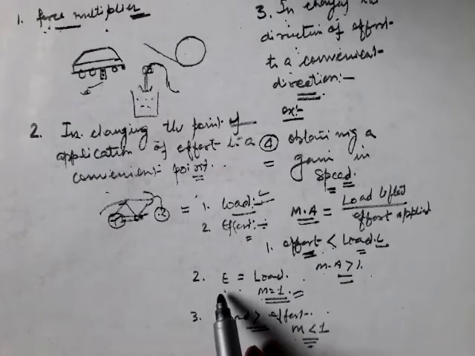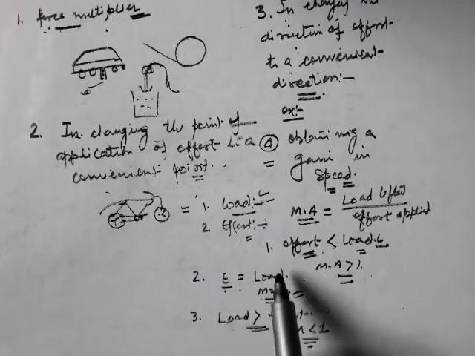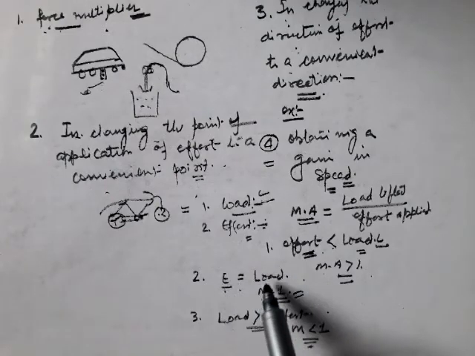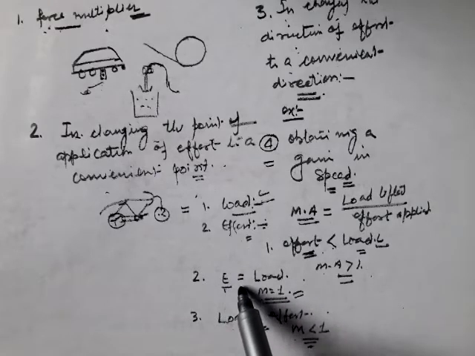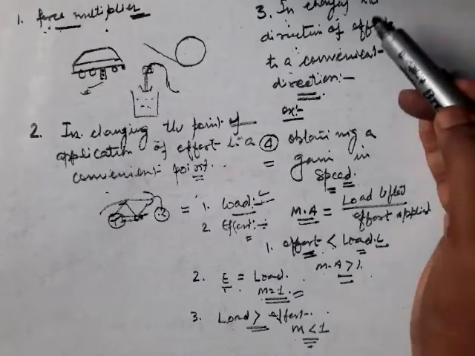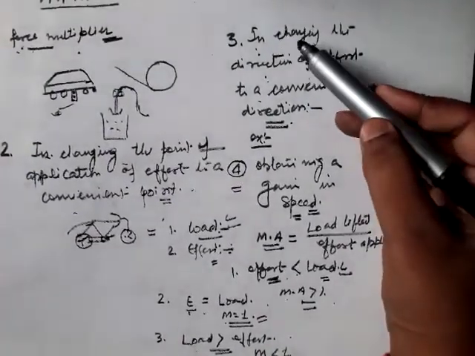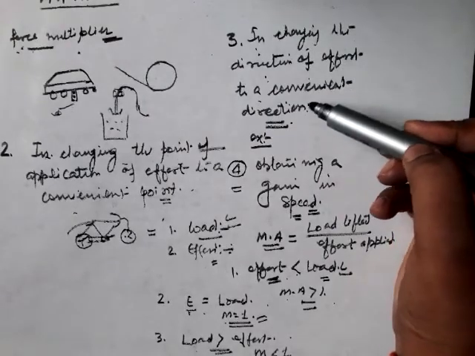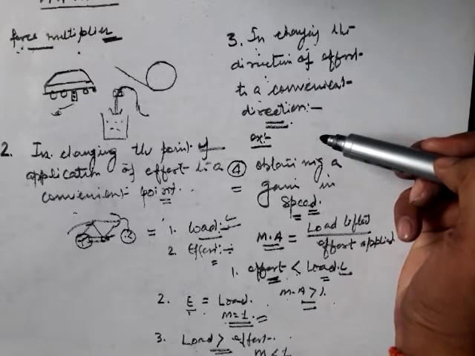In the case when effort is equal to load, whatever effort we are giving, the load is equal to that effort. We can take the example of changing the direction of the effort to a convenient direction. Suppose we are lifting a bucket full of water from the well.